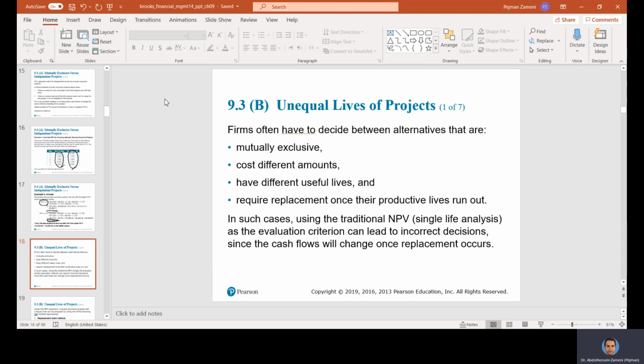In such cases, using the traditional net present value single life analysis as evaluation criterion can lead to incorrect decisions, since the cash flows will change once replacement occurs. Let's see how we can overcome these issues.